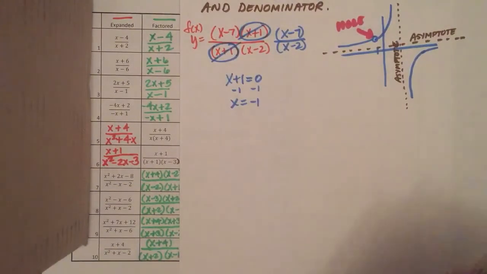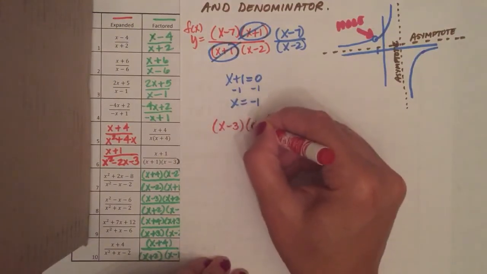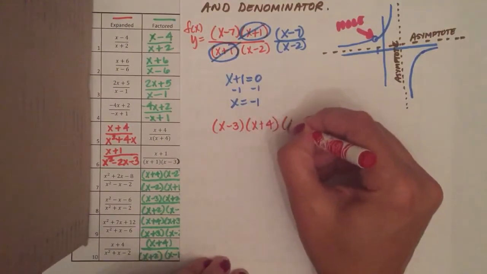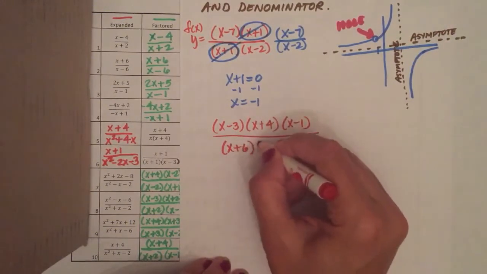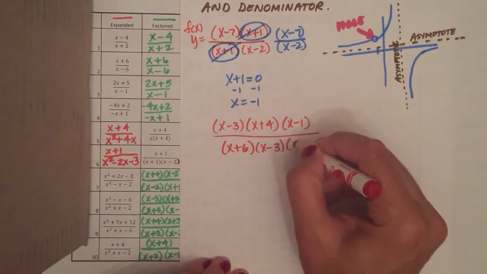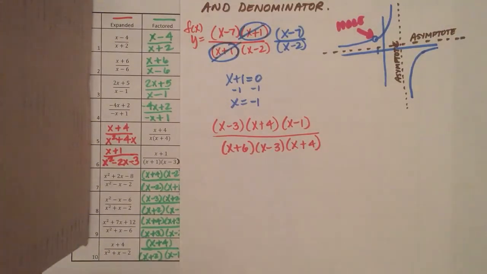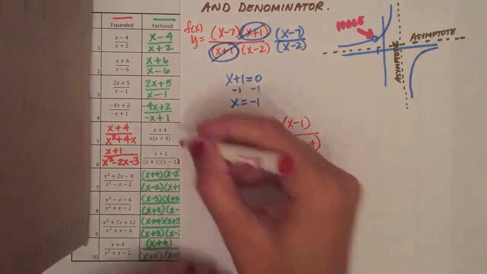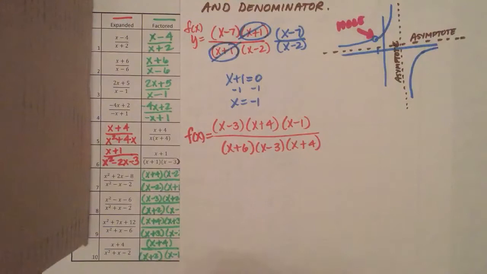Let's say I would have given you this one. Okay. So this is a rational function. How do I identify the holes? And again, that's f of x equals or y equals. How do I identify the holes?